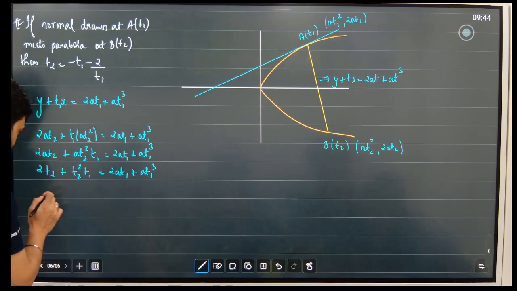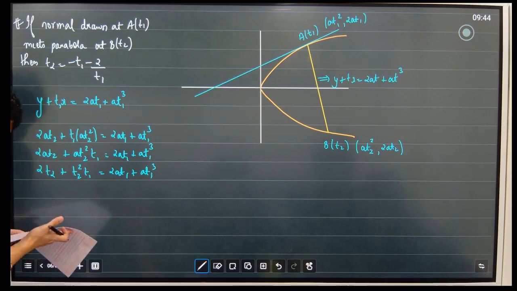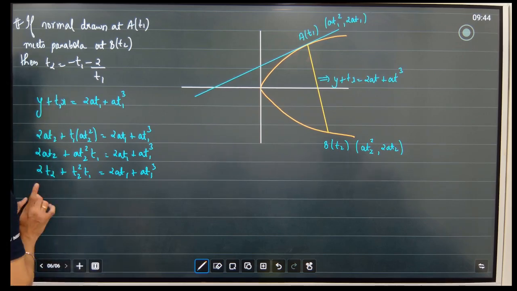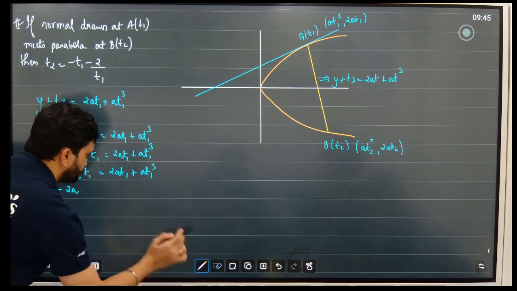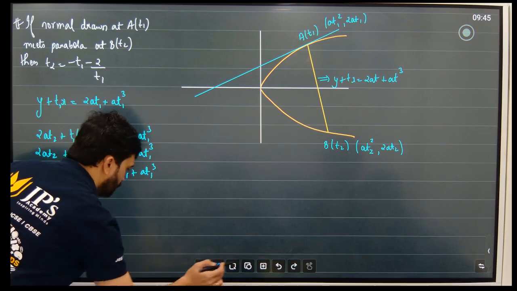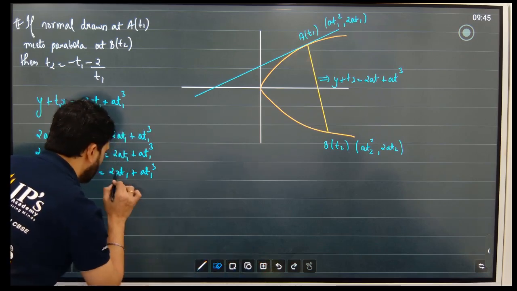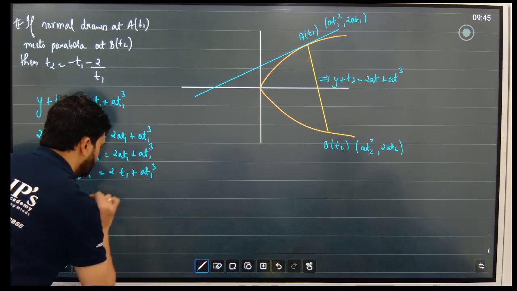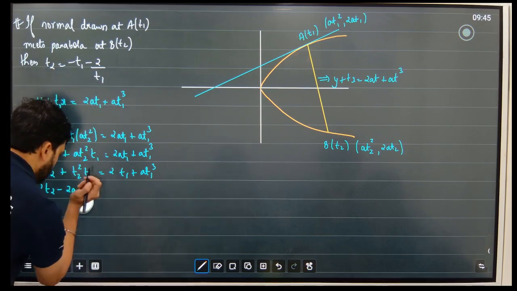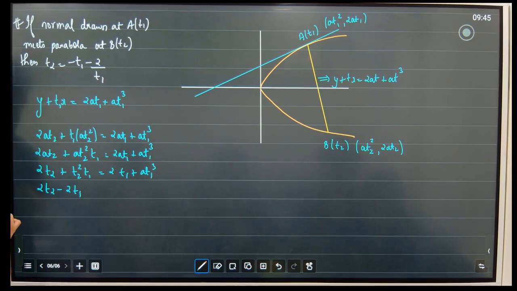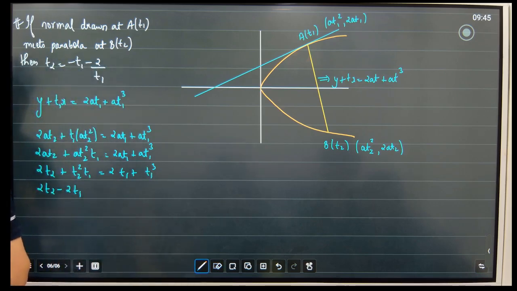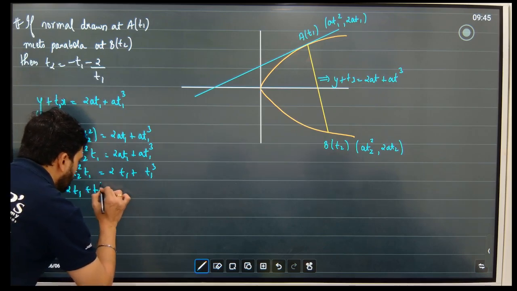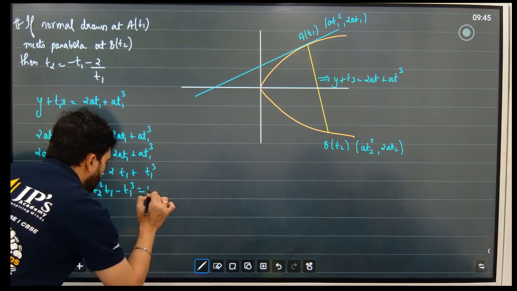So I can write it as 2t2 minus 2t1 plus t2 square t1 minus t1 cube is equal to 0.